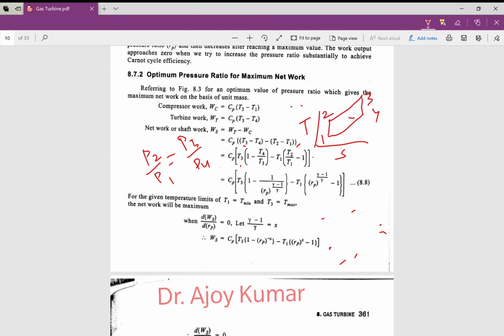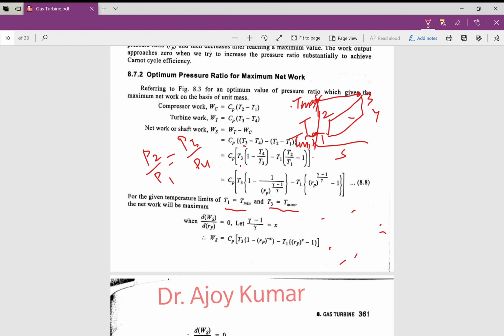This is your TS diagram. T1 is your minimum value and T3 your maximum value. This is your T max and this is your T minimum. So it is written T1 is equal to T min and T3 is equal to T max.